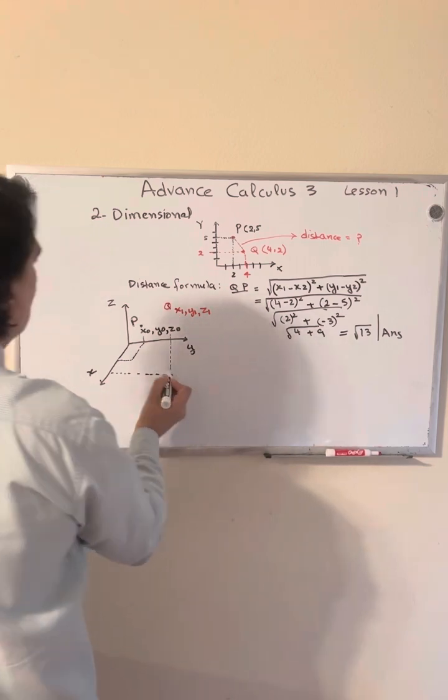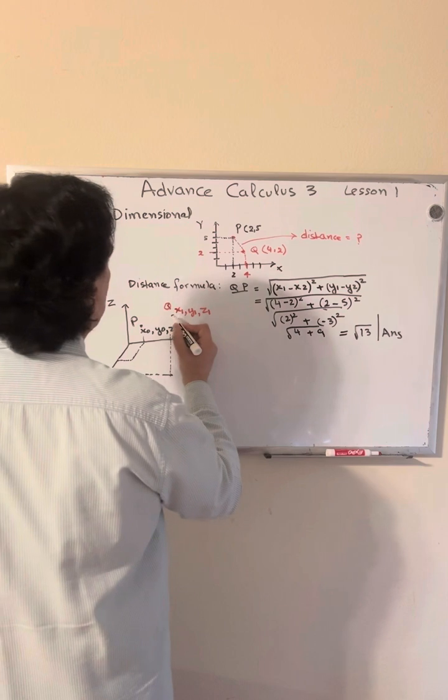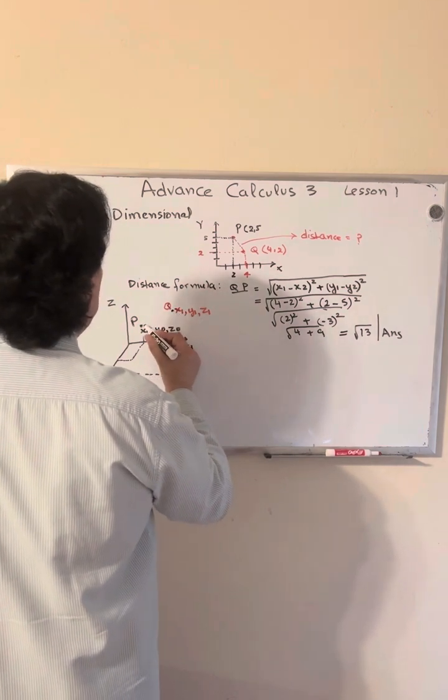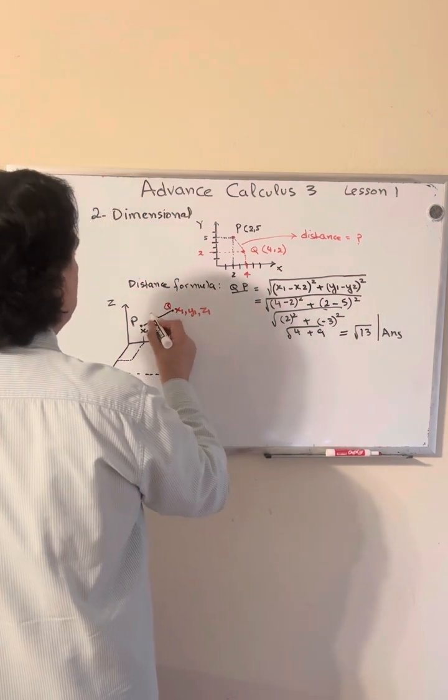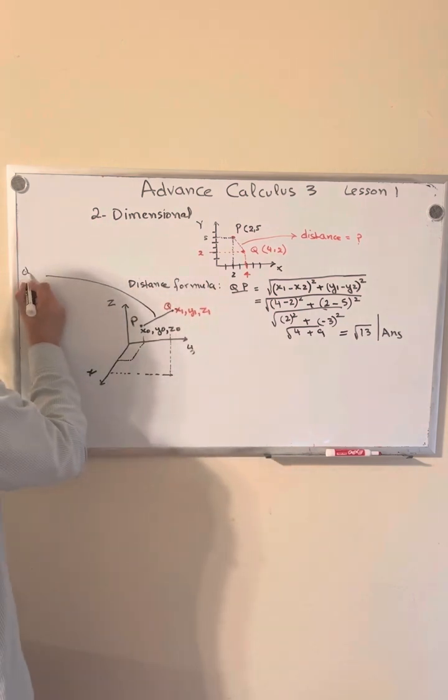Okay, so now I ask you, how do you find the distance between point Q and point P in 3-dimensional form? This distance right here. How would you find that?